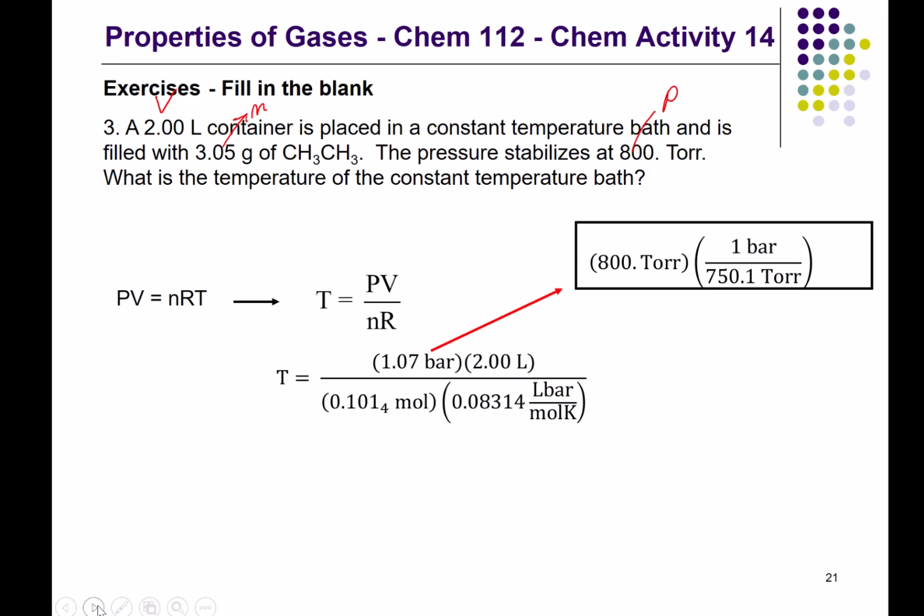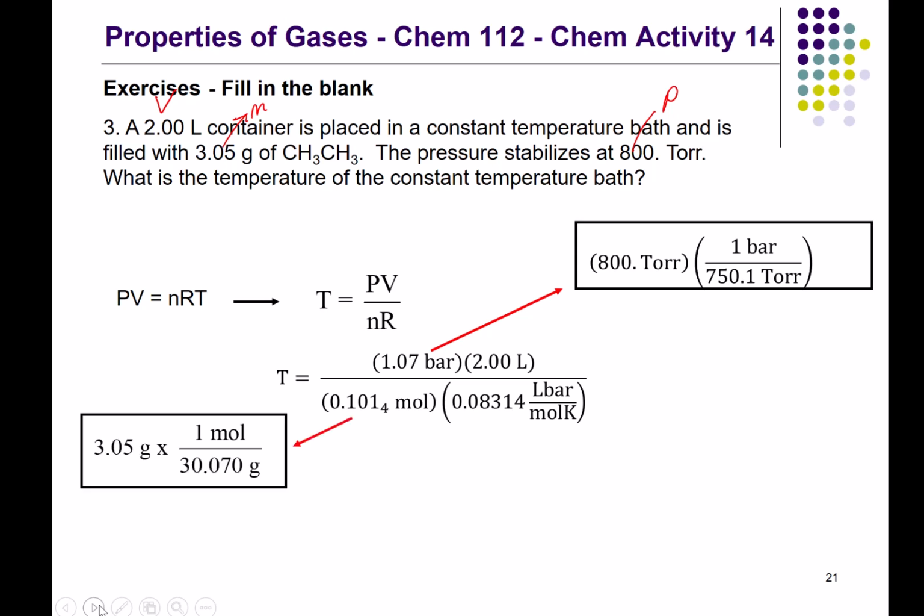Further, I'm going to need to change that mass of 305 grams of ethane. That's what that CH3CH3 is. So I divide by the molar mass. 2 liters is perfectly fine in terms of the units because, of course, my R value has the units of liters. So when I do this calculation, I come to 253 Kelvin.